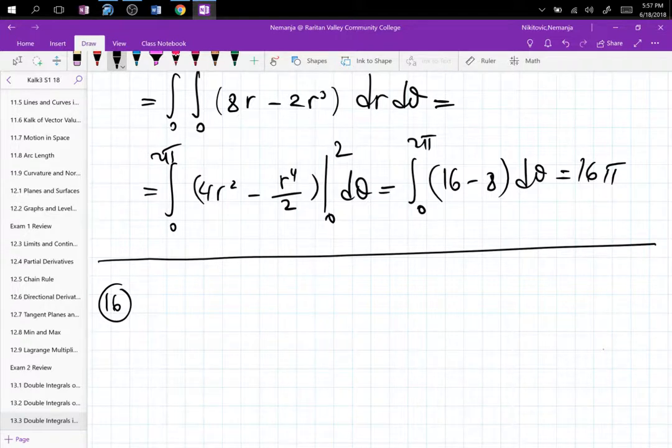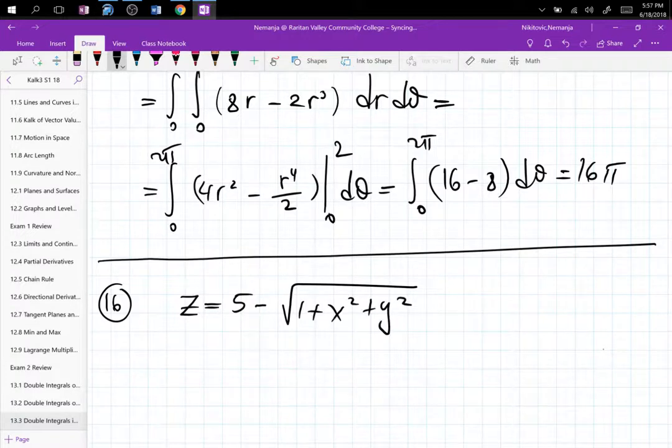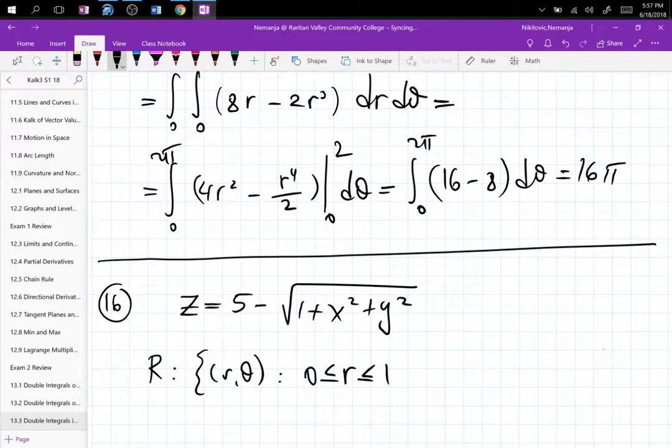You have a hyperboloid which is given as z equals 5 minus the square root of 1 plus x squared plus y squared, and you also have another piece of information, and that is the region R. Region R is (r, theta) such that 0 is less than or equal to r is less than or equal to 1, and 0 is less than or equal to theta less than or equal to pi.